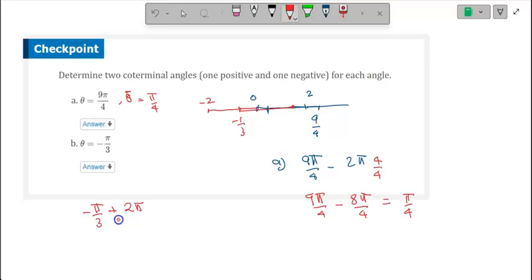You're always allowed to add 2 pi or take away 2 pi, right? And again, we do the same thing, multiply by 3 and 3 to get the same denominator. So minus pi over 3 plus 6 pi over 3, and this is 5 pi over 3. So the theta bar, the coterminal, can be 5 pi over 3.